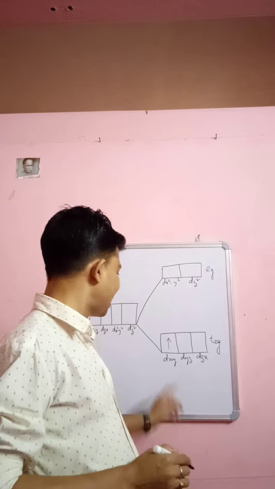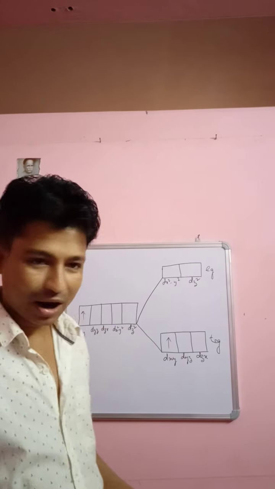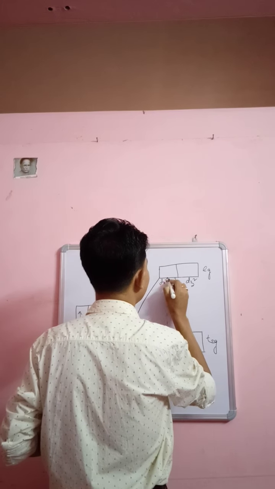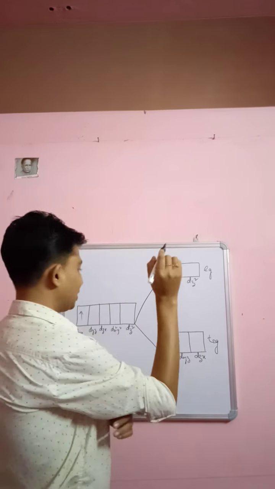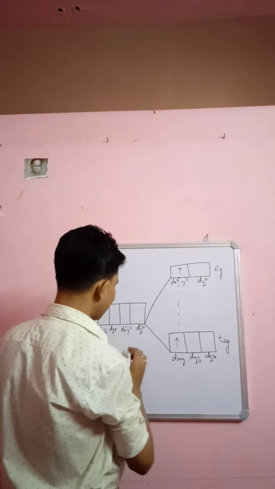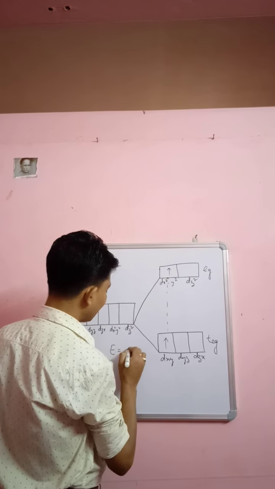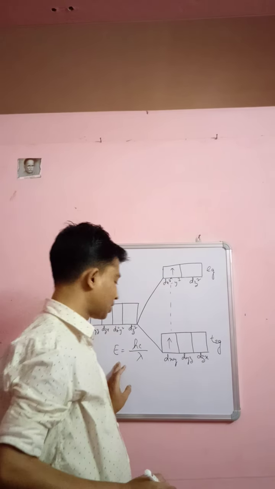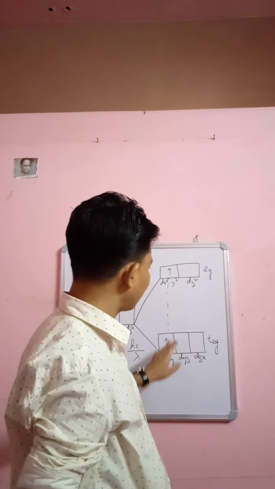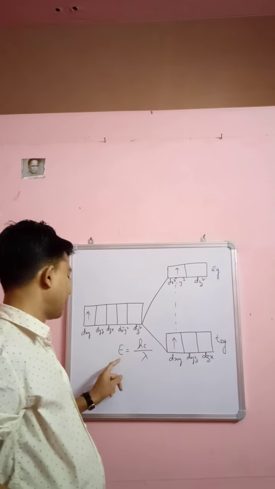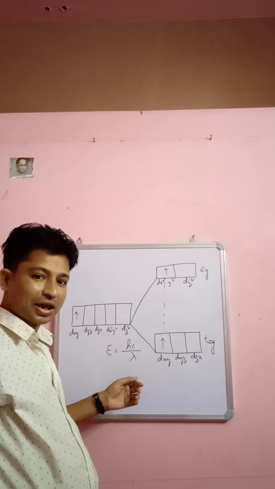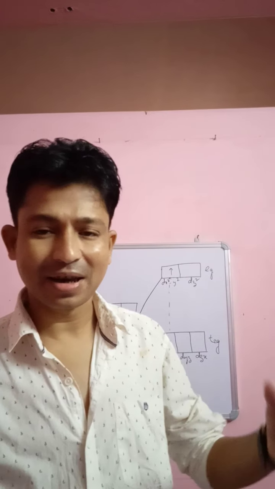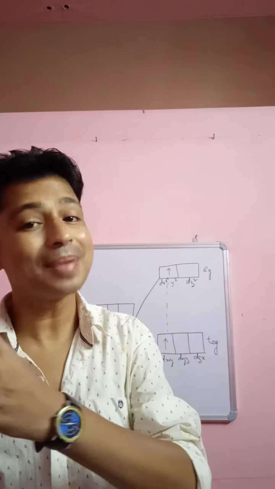This electron takes energy from the visible region and moves to the Eg set of orbitals with the energy E equal to hc by lambda, by Planck's relation. So it goes from the T2g set to the Eg set with a certain amount of energy, meaning it takes a certain wavelength of light from the visible region of the spectrum.